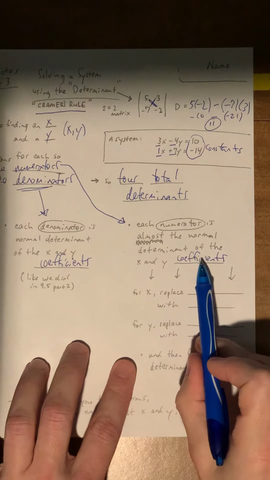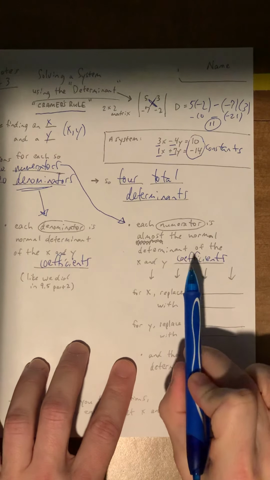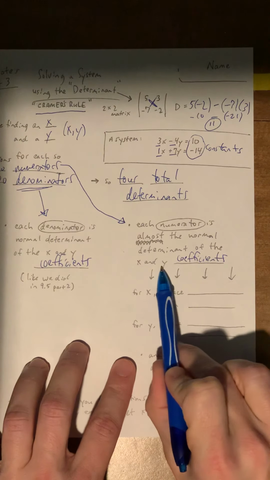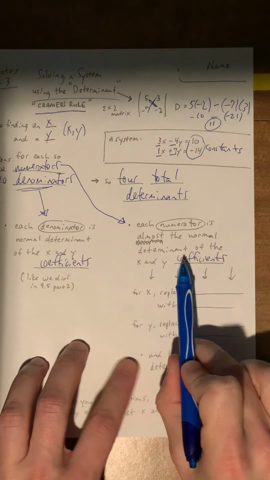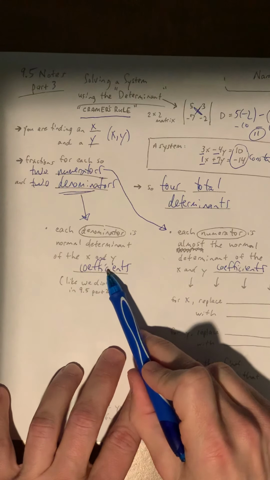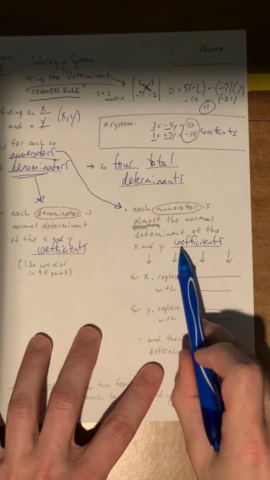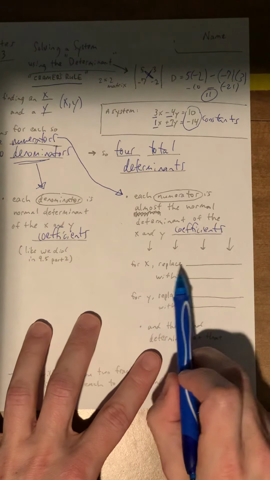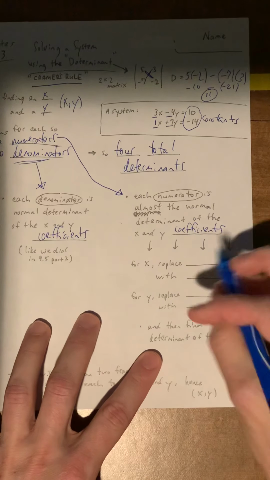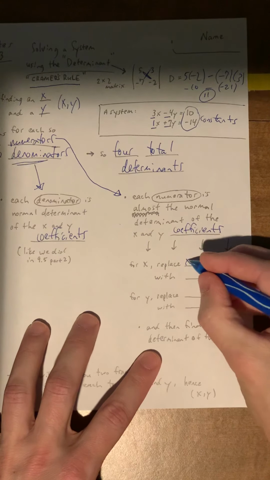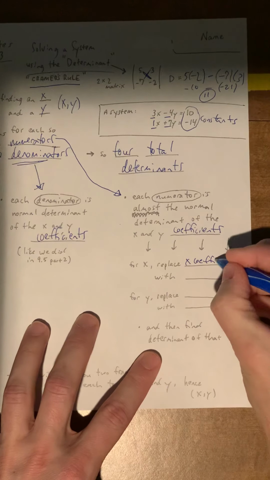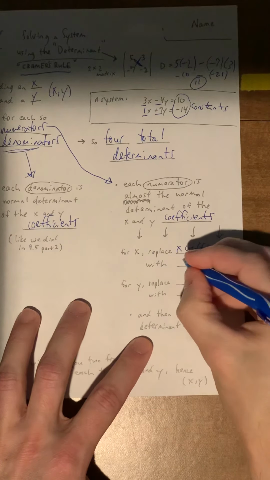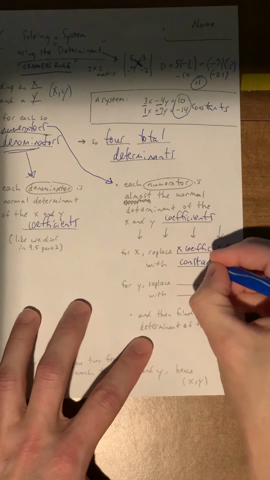But not quite. What you have to do, the x and y coefficients, that 2 by 2 matrix with the x and y coefficients like you've got over here for the denominators, what you do is for the x, when you're solving for x, you replace the x coefficients with both of your constants, with your constant numbers.